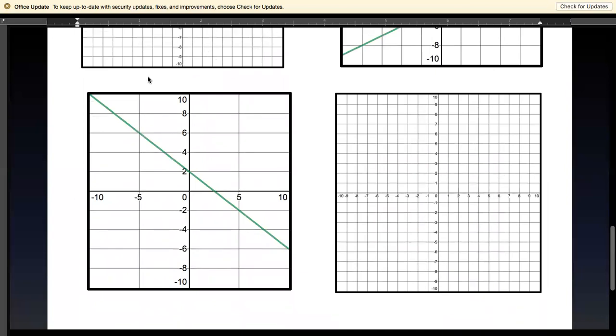Good question. So the x-axis is going by 5s and the y-axis is going by 2s. So when you're rising, you're going to count by 2s, but when you're running, you're going to count by 5s.